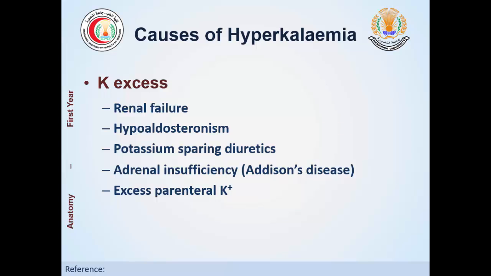Hyperkalemia due to potassium excess in case of renal failure, hypoaldosteronism, potassium-sparing diuretics such as spironolactone, and adrenal insufficiency, which is Addison disease. Addison disease is a primary adrenal insufficiency in which the adrenal gland doesn't produce enough steroid hormones.